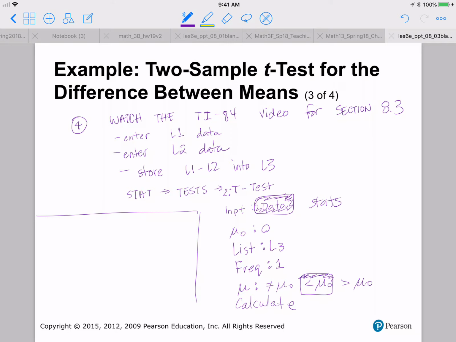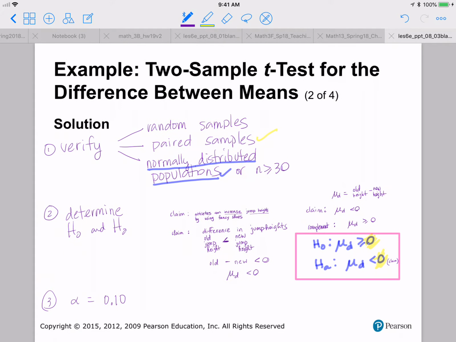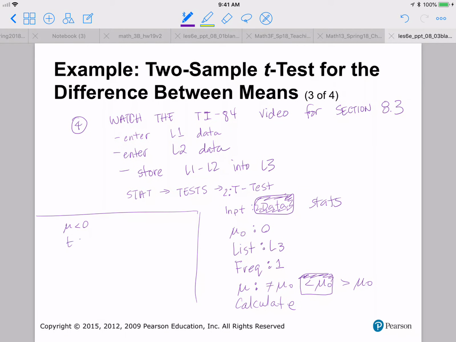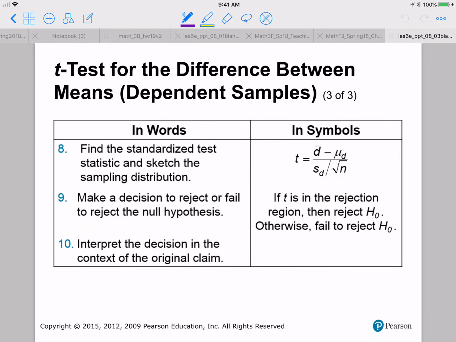Aha, so for my output, here's what I got. I got mu less than 0, which is just a repeat of my alternative hypothesis. And I got t equals negative 2.33333. That t is the same as the standardized test statistic.